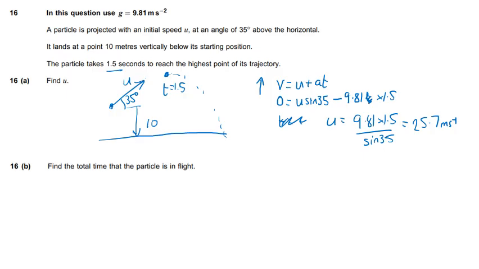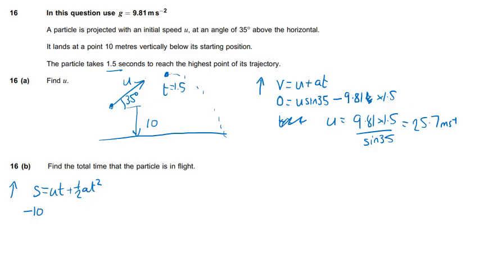Part B, find the total time that the particle is in flight. So if we use s equals ut plus a half at squared, and again we'll go upwards. We're looking at the vertical component upwards. So it drops down minus 10 from where it starts.